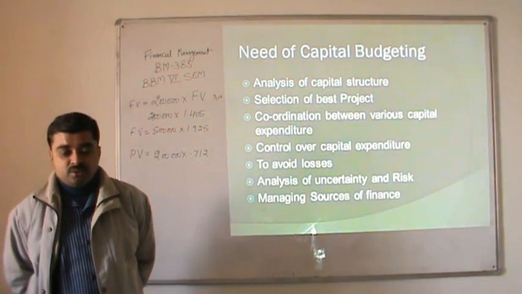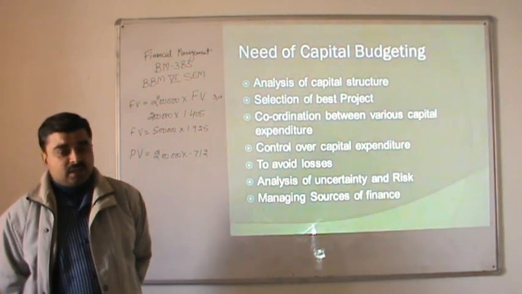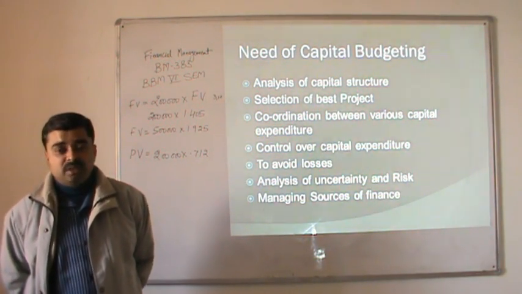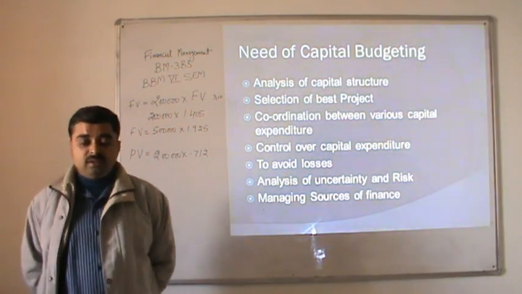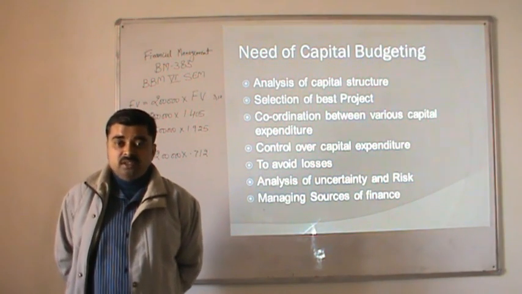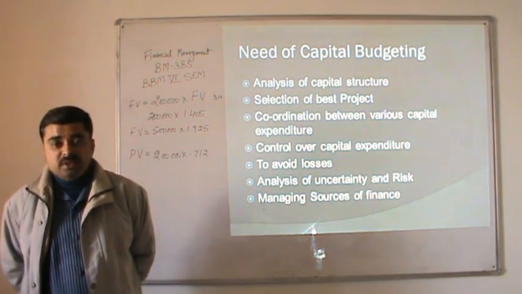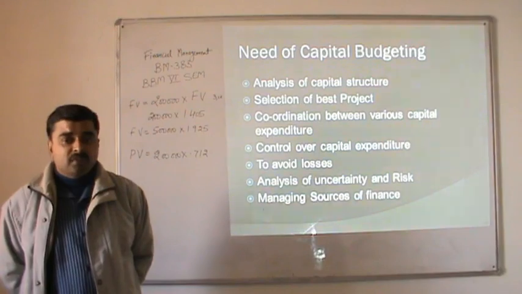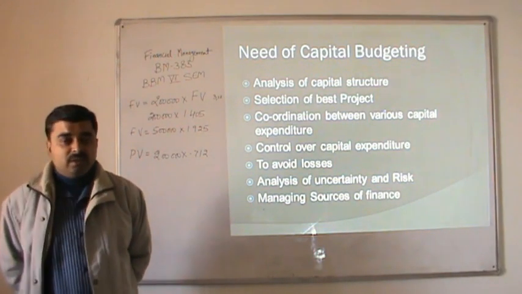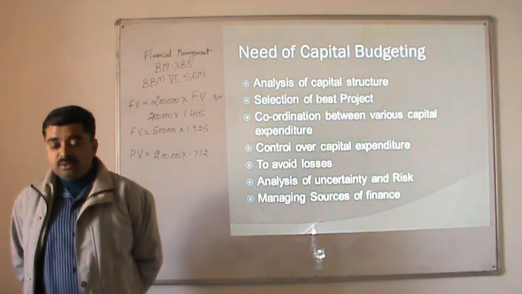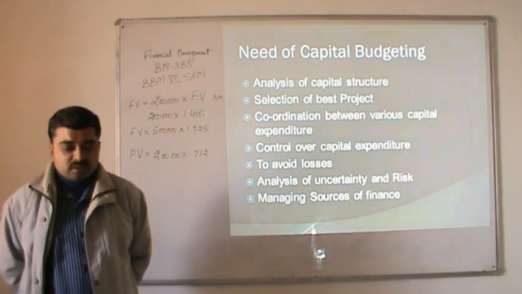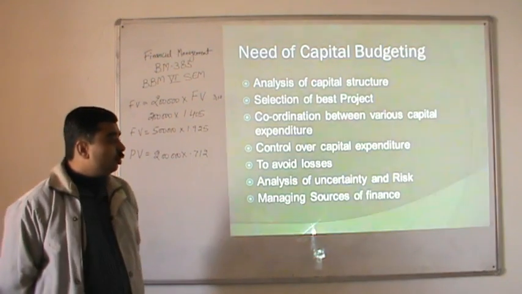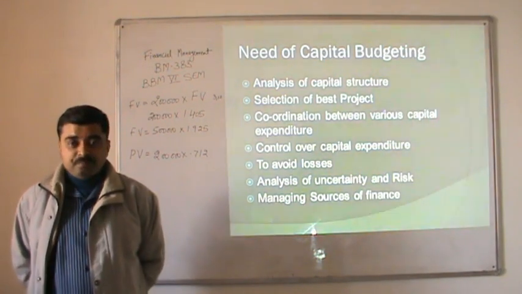selected for execution. If more than one project is selected, then we have to make a coordination between the capital expenditures, because those expenditures are more than one. So when the amount will be invested, when we will require the money, that is also decided. Another point is control over the capital expenditure.